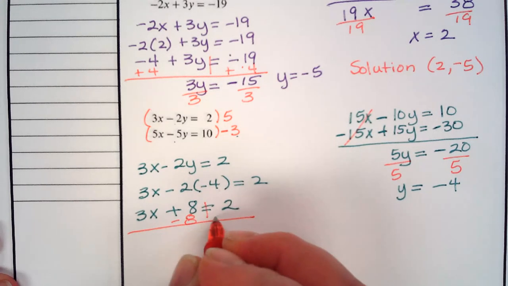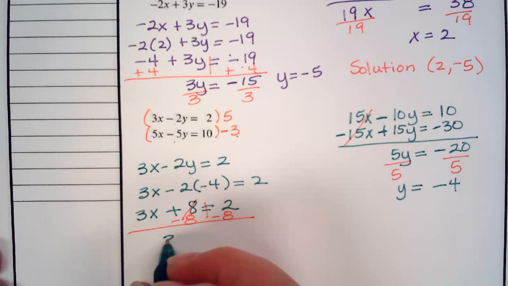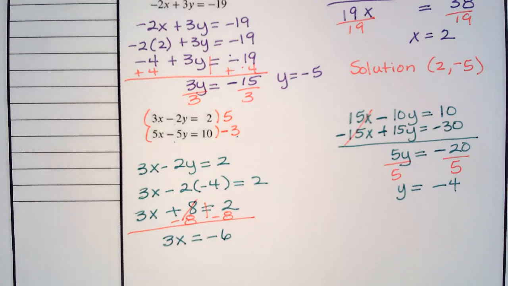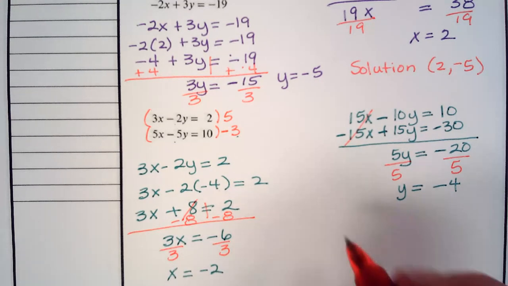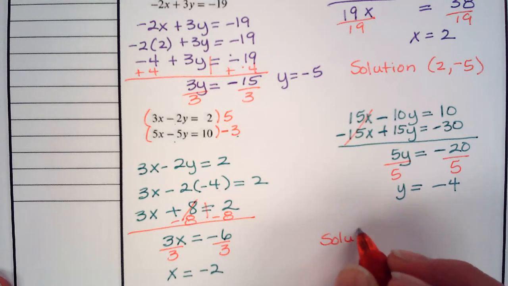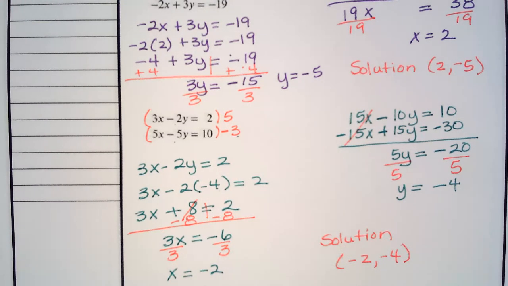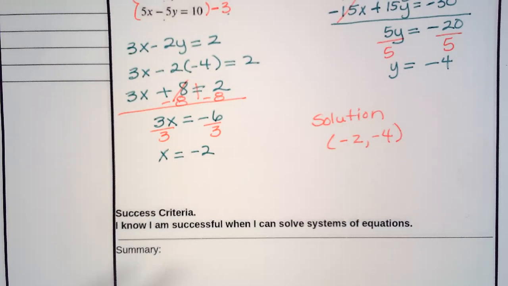Subtract 8 from both sides. 3x is equal to 2 plus -8 is -6. Divide by 3. And x is equal to -2. So my solution is the point -2, -4.